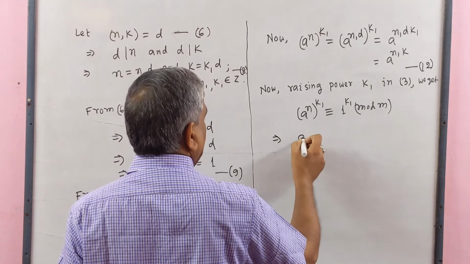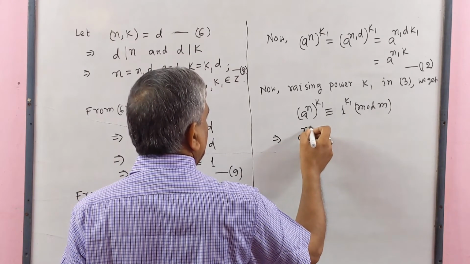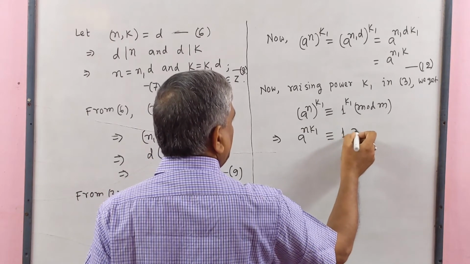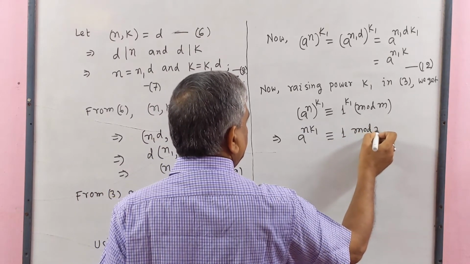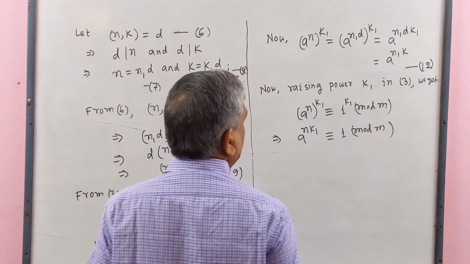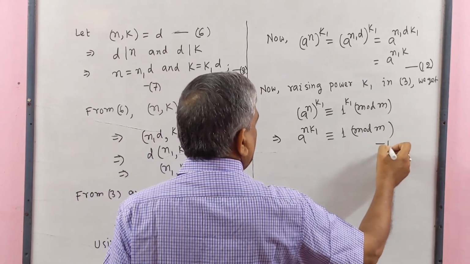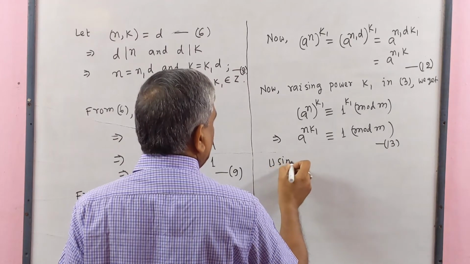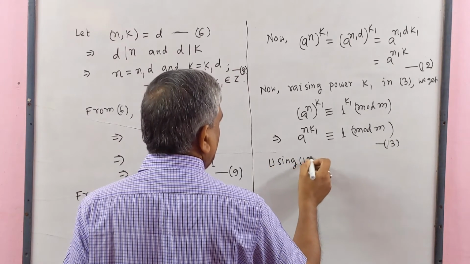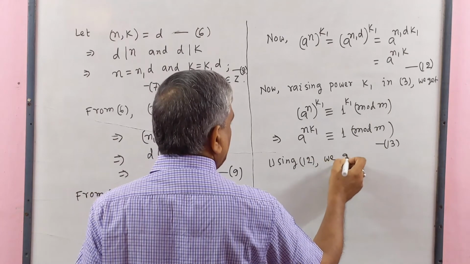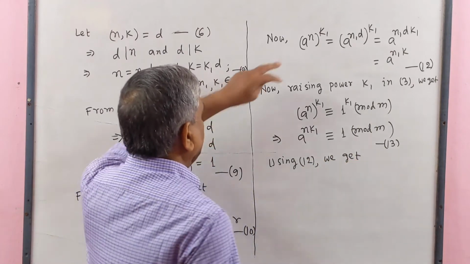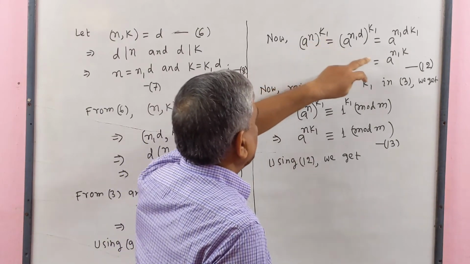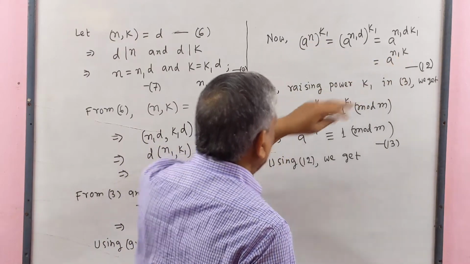Implies that a to the power nk1 is congruent to 1 modulo m. This is number 13. Using 12 we get, here a to the power nk1 equal to a to the power n1k.